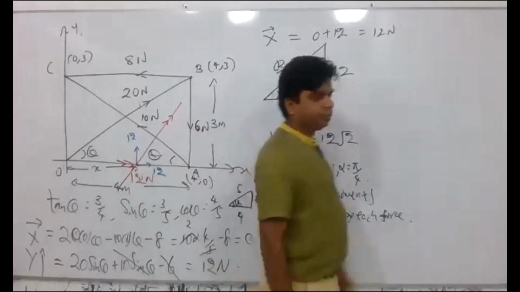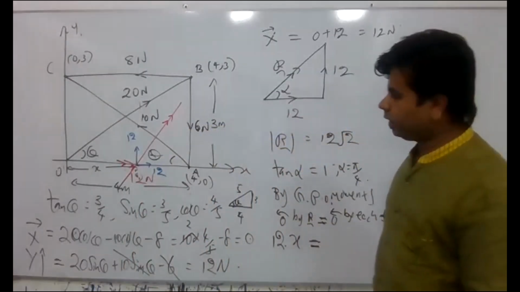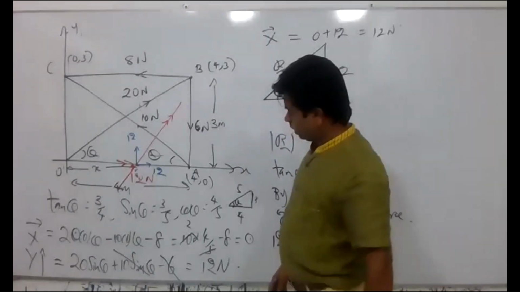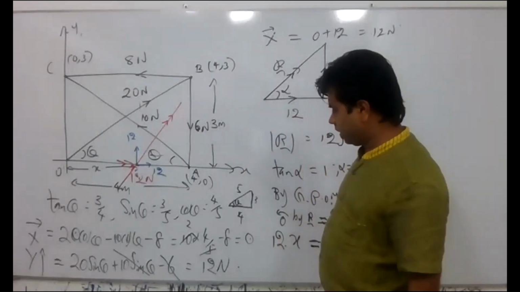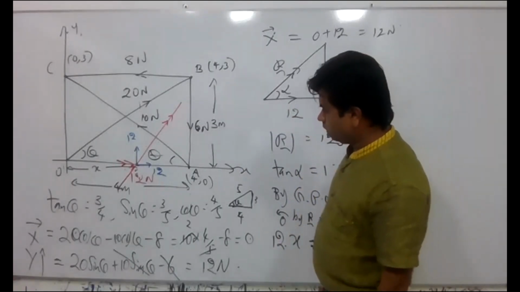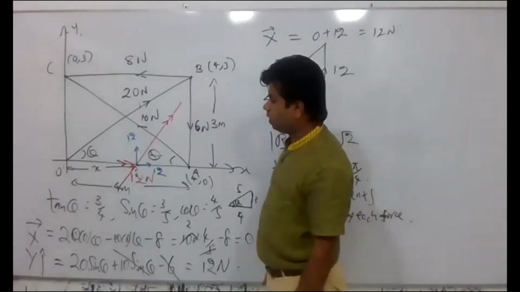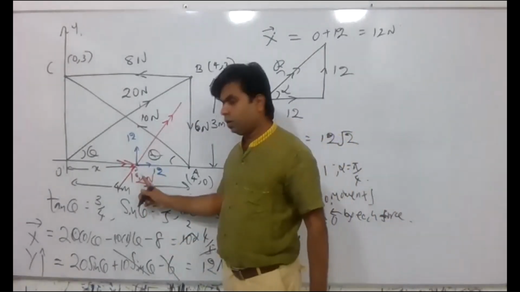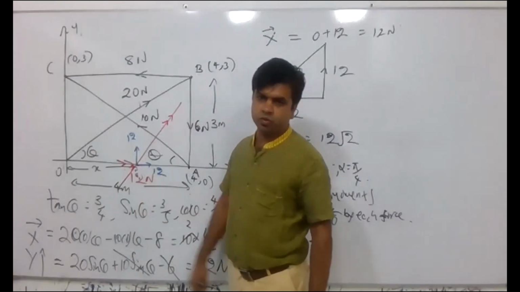Now, if you just think analytically, what will happen? Earlier moments you will be having the same way. But if you are going to find the total moments, there's not even a moment by this 12 Newton.